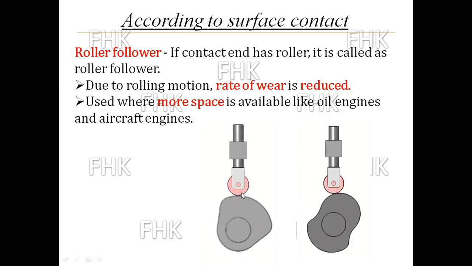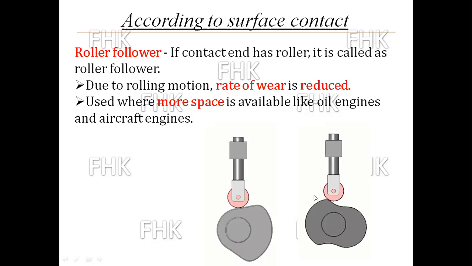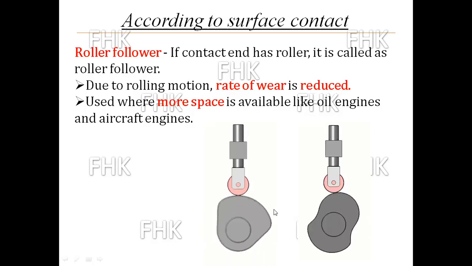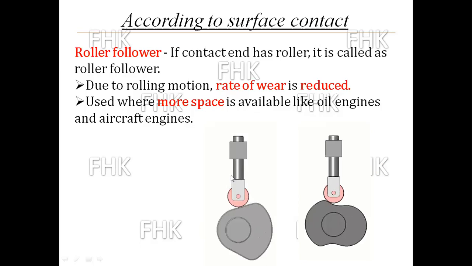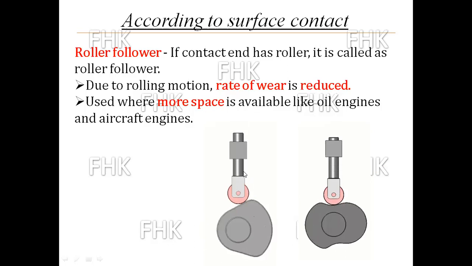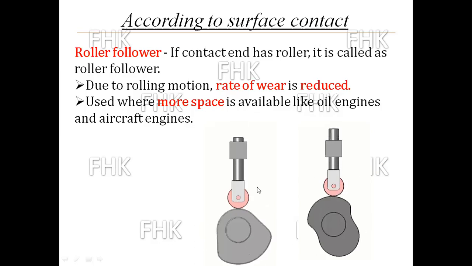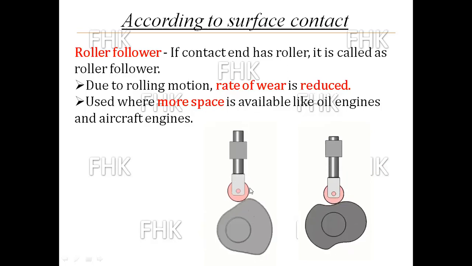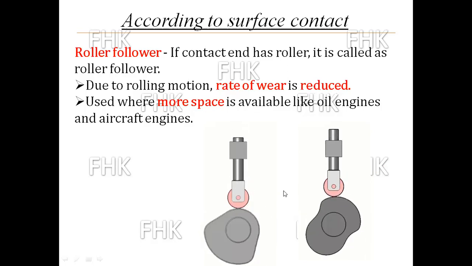You can see the roller followers in this image, but the geometry of cam is different. So both the roller followers are getting a reciprocating motion, but the trend of the motion is different.